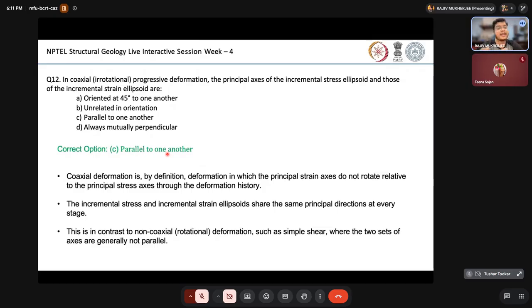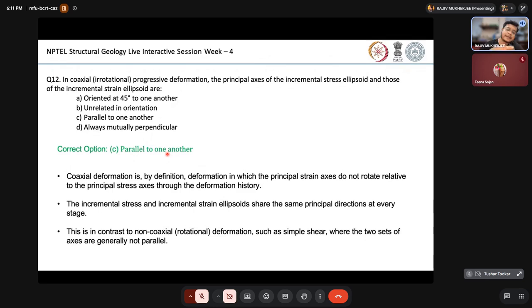If you consider a pure shear component, then of course something will rotate. But here, it will not rotate. Both of the axes for the stress ellipse and the strain ellipse will remain parallel.